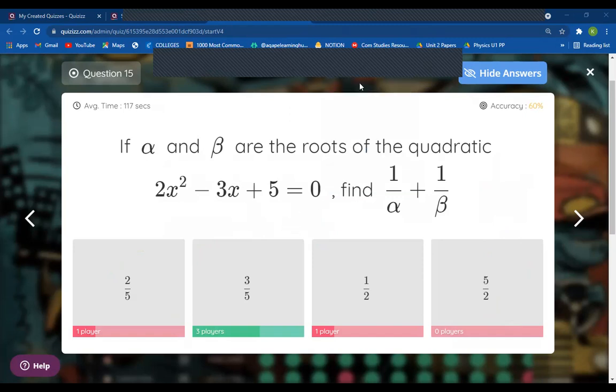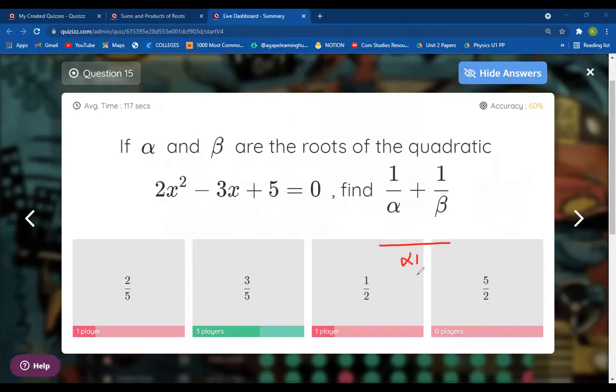Okay, we just went through that 1 on alpha plus 1 on beta is the same as alpha plus beta on alpha beta. That was one of the questions. So alpha plus beta, we know that alpha plus beta is minus b on a.